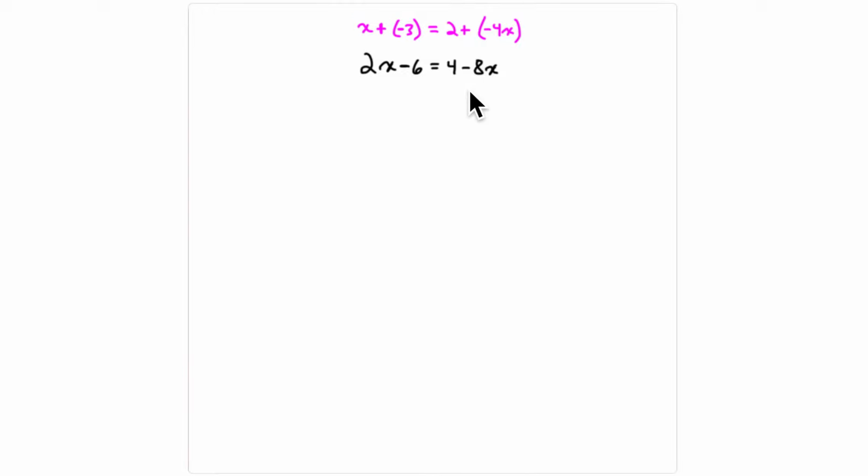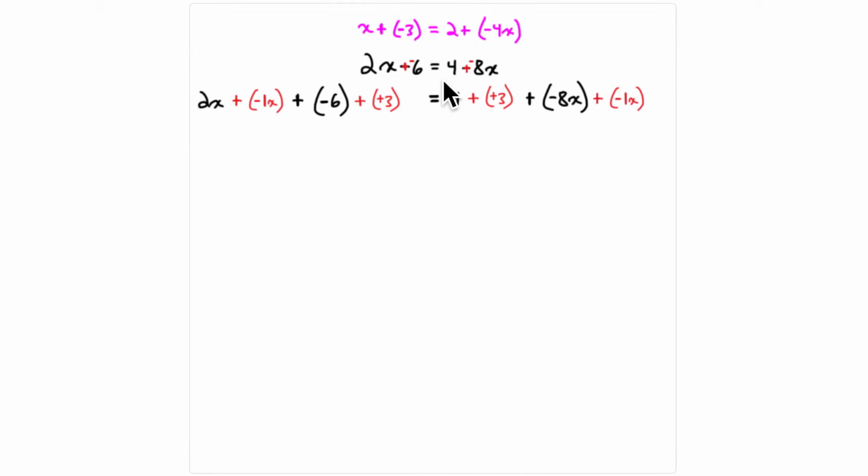So I looked at this and I thought, all right, I'm going to change this to negative 3 right here. So I'm going to add positive 3 and change this to negative 3. And I'm going to change this to just a single 1x.